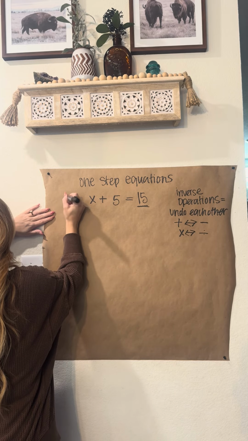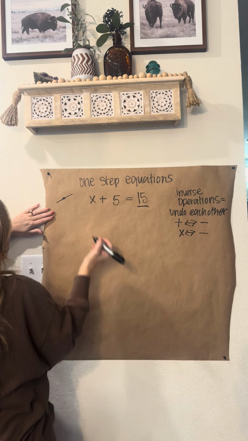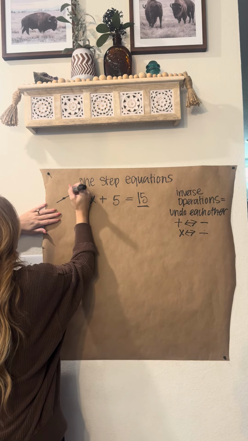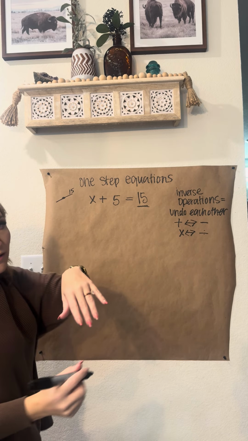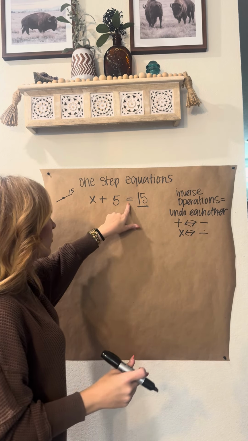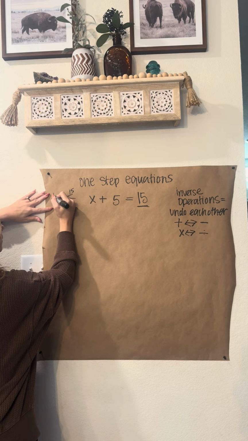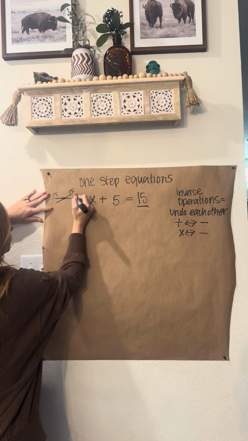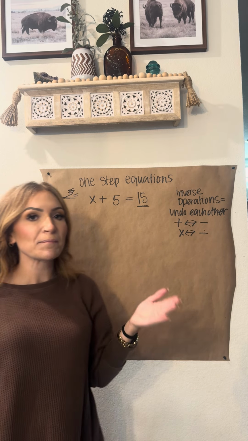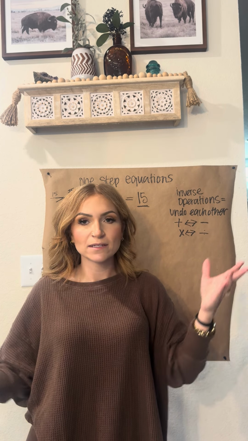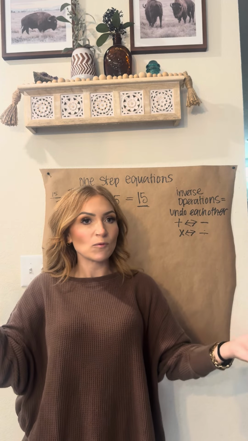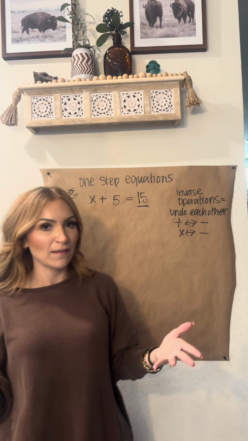So you have this scale that's two-sided, right? And you have 15 over here. To keep it equal, you need to have 15 over here, and it's gonna be straight, right? So you're gonna have to do the same thing on both sides to keep that weight equal and balanced.